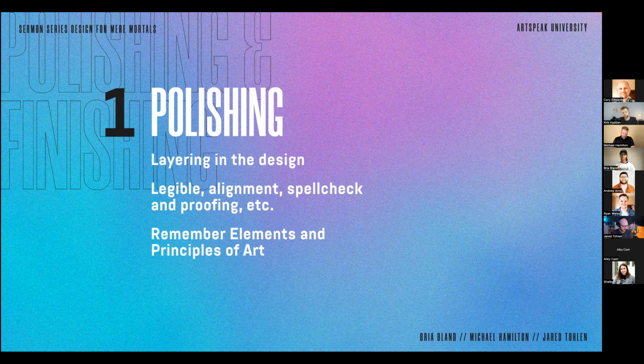So making sure things are properly named. If you have different shapes within your graphic, making sure each element is properly labeled, like this star is yellow star, or I might have star yellow left or something like that. And then also making sure things are legible, aligned right, your spelling is correct, and things are correctly positioned.